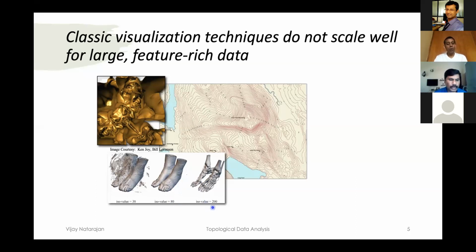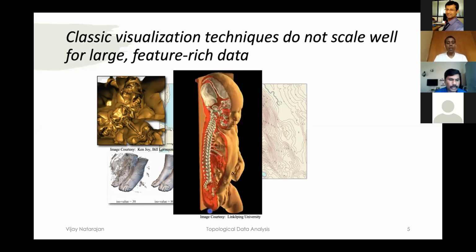At value 200, we have a surface which corresponds to the bone. However, it's difficult to identify these interesting iso values. And it's difficult to display all the isosurfaces, because you can imagine that this surface will occlude this surface if I display the two of them together. So these are difficulties with the classic visualization techniques.